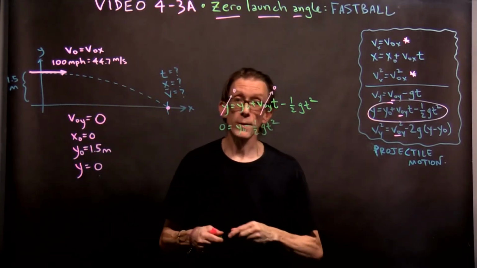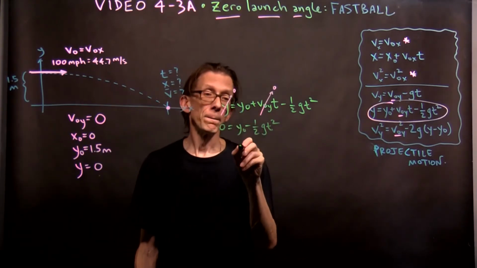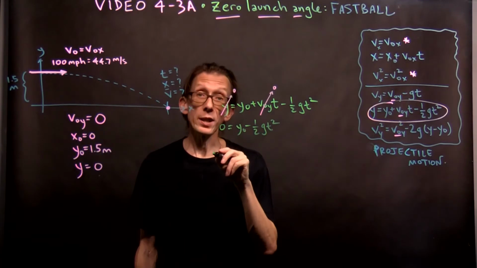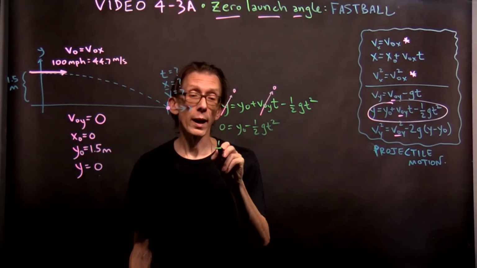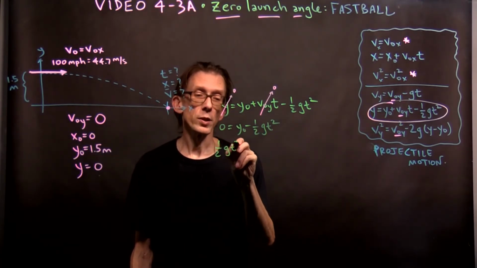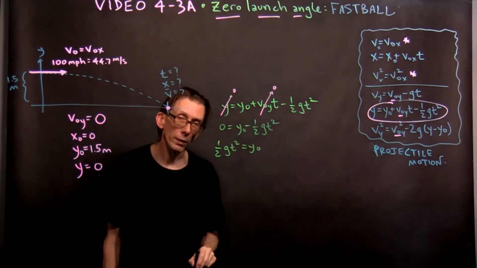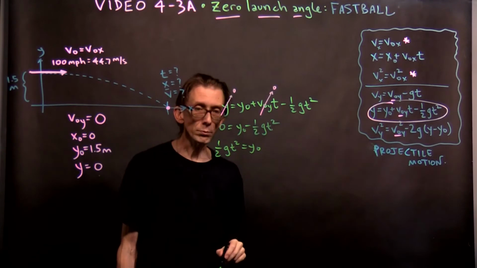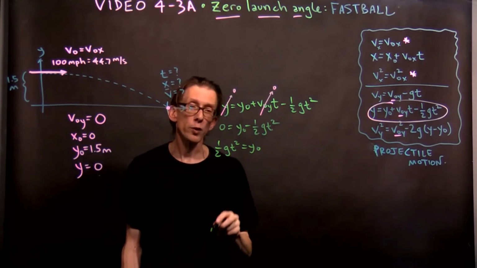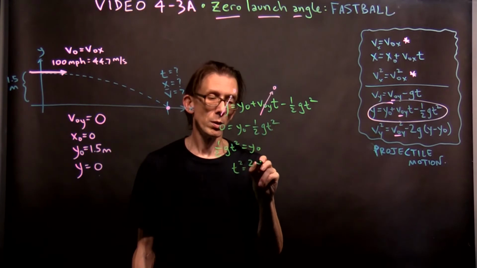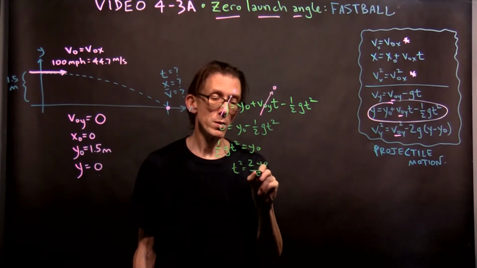So we can rearrange this for time, okay? If we add 1/2 g t squared to both sides, we'll have 1/2 g t squared equals y naught. I'm doing my algebra again, okay? If we solve this, t squared will be equal to 2 y naught over g.